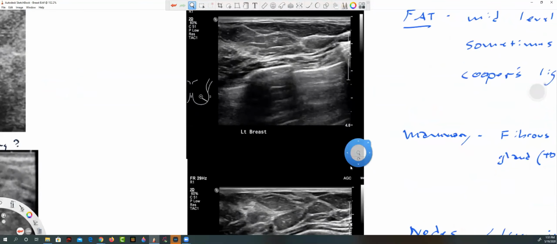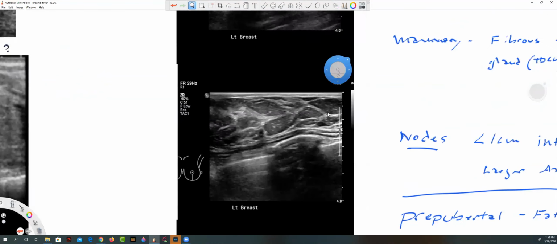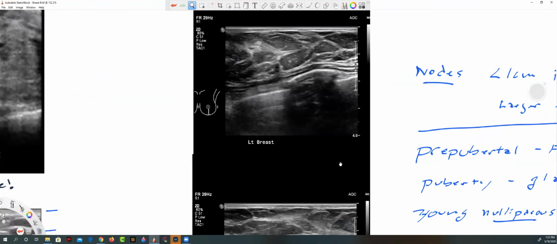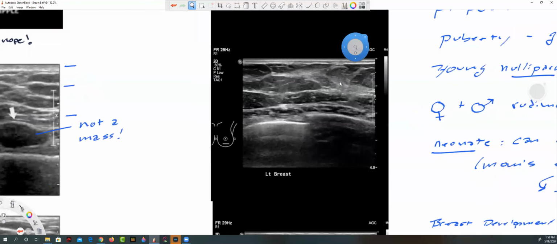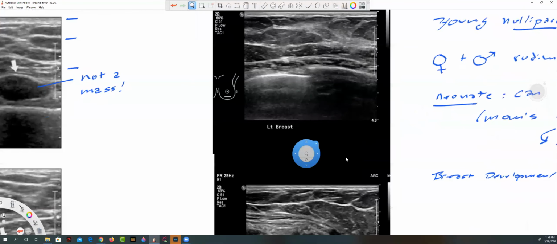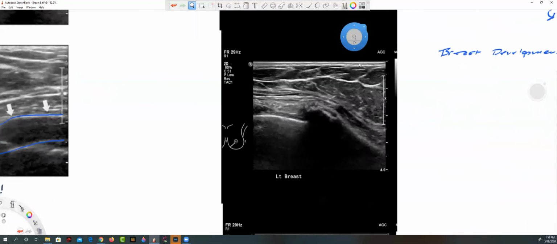So just fat and muscle and rib, fat, muscle, rib, fat, muscle, rib. We're down at the 6 o'clock position. So it looks like they're really at the edge of the breast here, because it gets much thicker on the one side there.